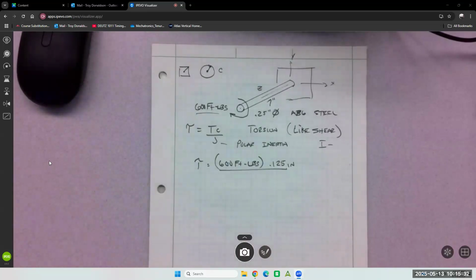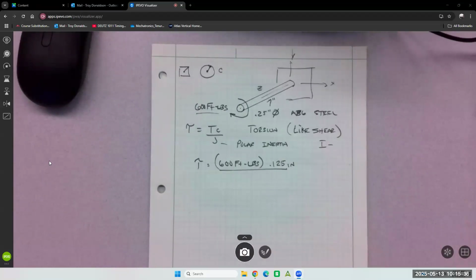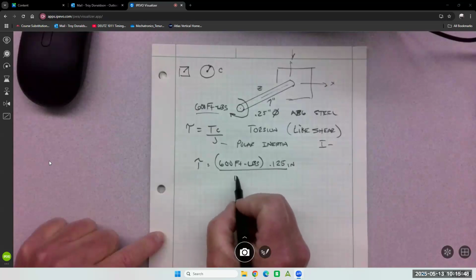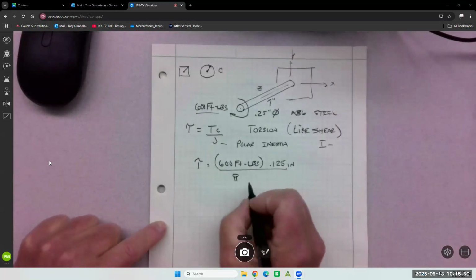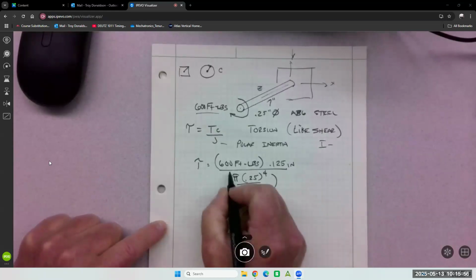What's the inertia equation for a round? We'll look it up. Pi d to the 4th over 32. So pi times diameter 0.25 to the 4th over 32.